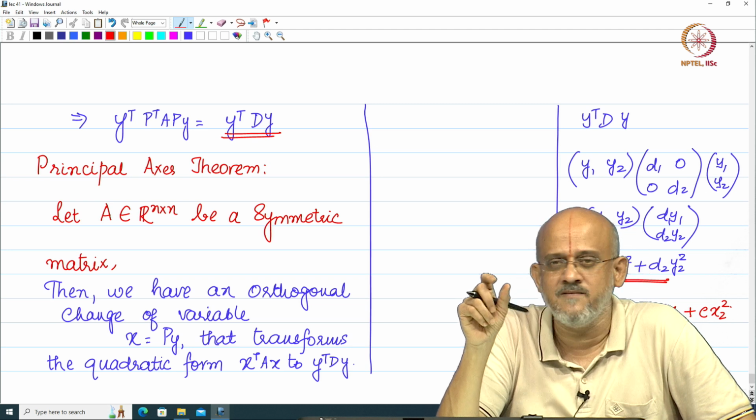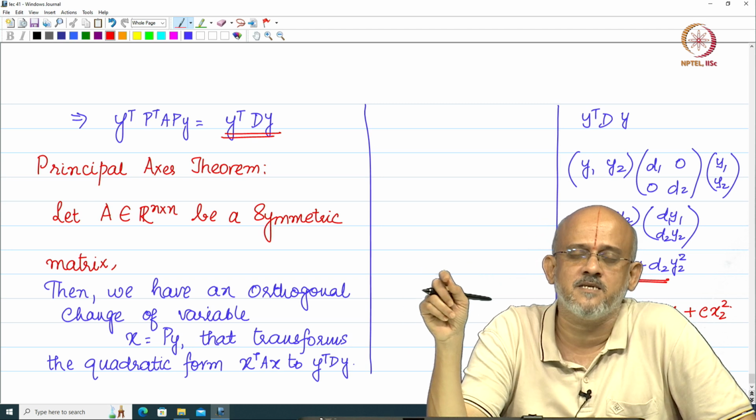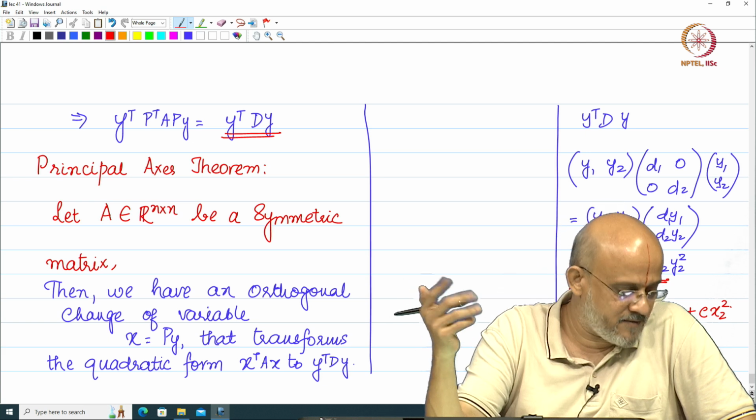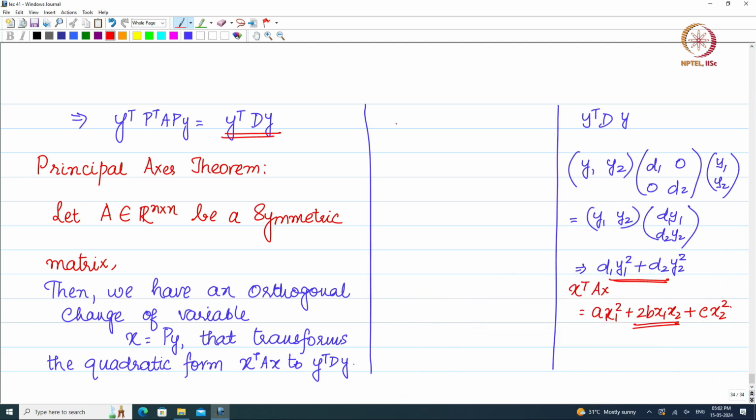This cross term will always give a problem, so we want to eliminate it, and that can be done by this orthogonal transformation. So we are going to say y transpose D y with no cross term.